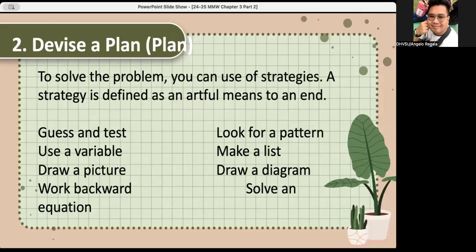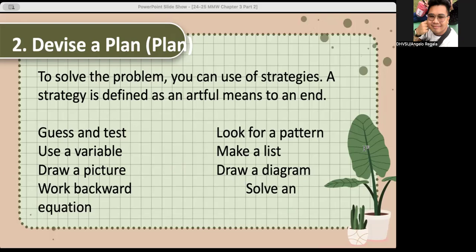Now, the second one is devise a plan. When you devise a plan, you look for a strategy that you think would solve the problem. But take note that not all the strategies that you apply will give us a result. Pwede tayong mag-guess and test, also known as trial and error, or use a variable.